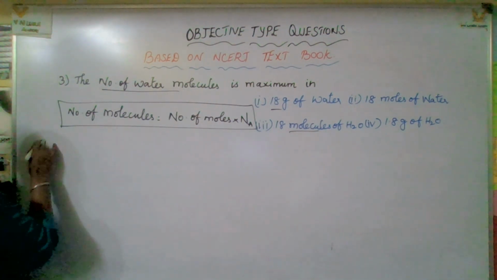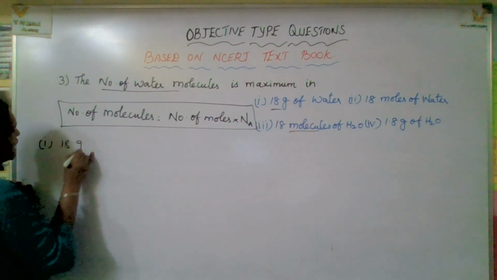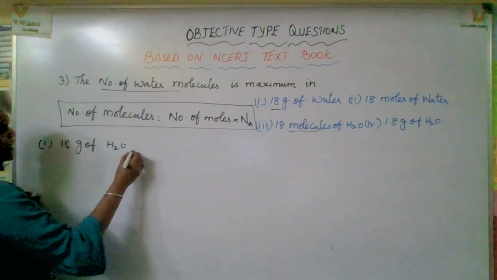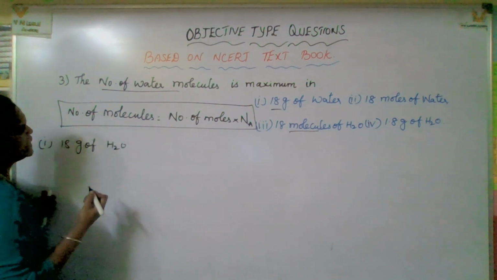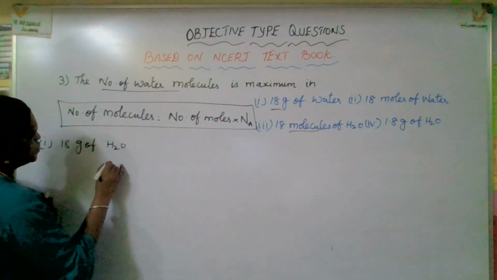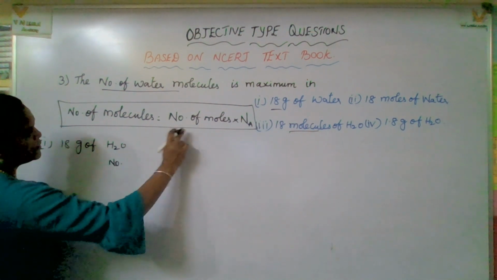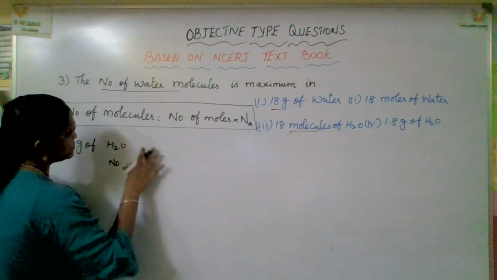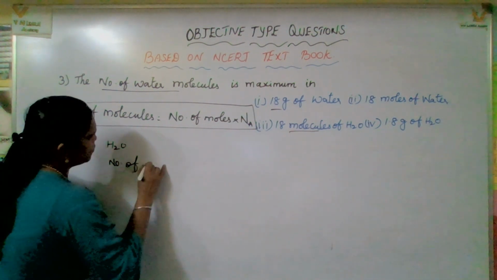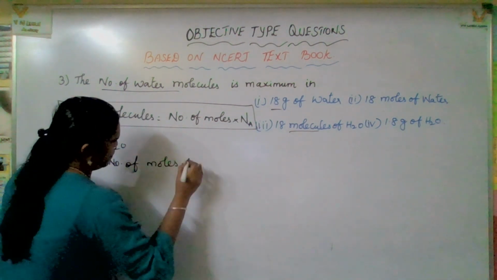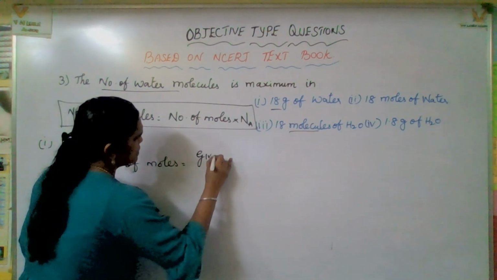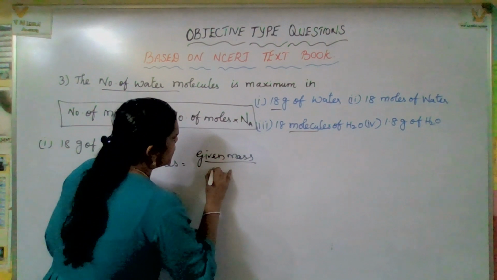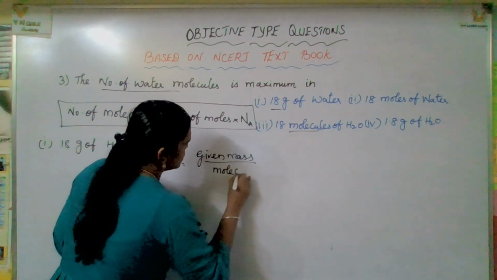If you know this formula, you can go and collect all those answers. Okay, now the first one, 18 gram of water. Number of moles equals given mass by molecular mass, right?